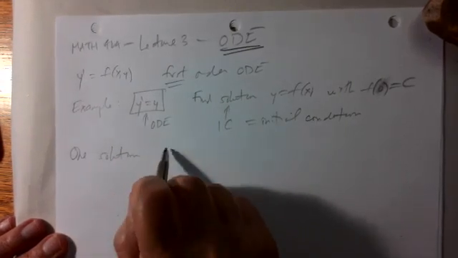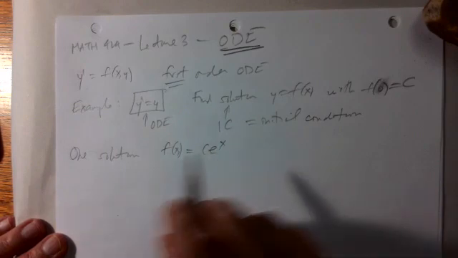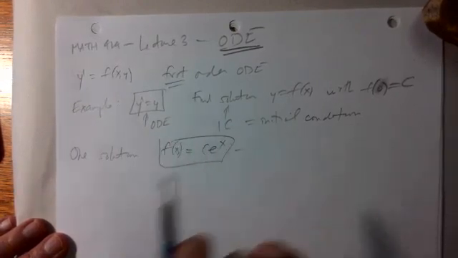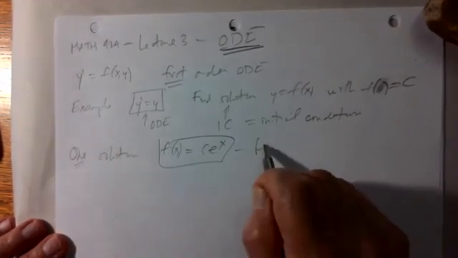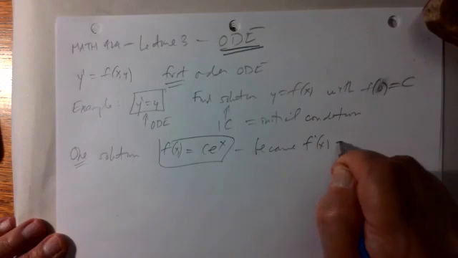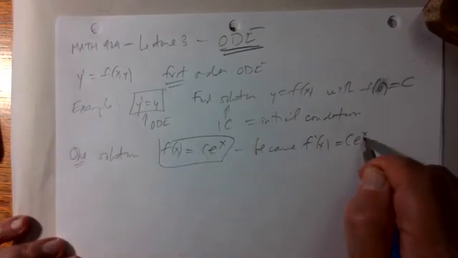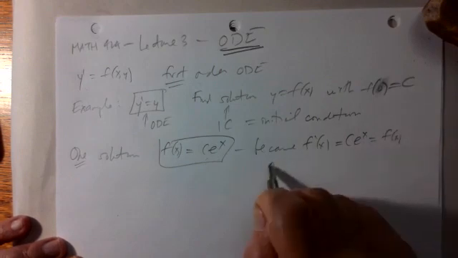So what is one solution? One solution is the function f of x equals c e to the x. This is one solution because, first of all, if you differentiate, f prime of x is the derivative of c e to the x, which is c e to the x, which is f of x.